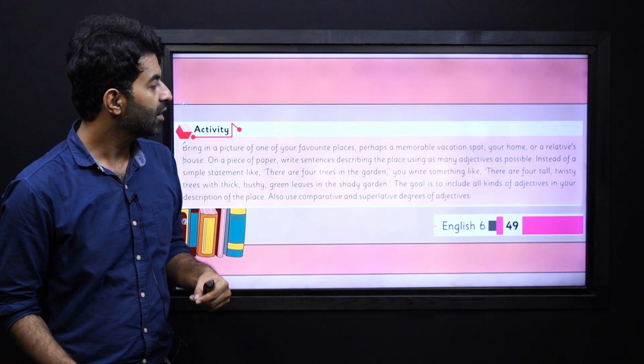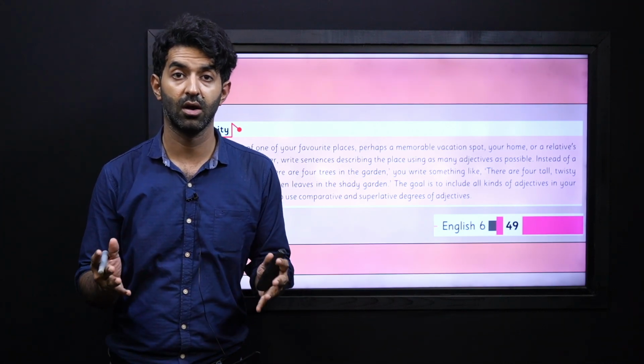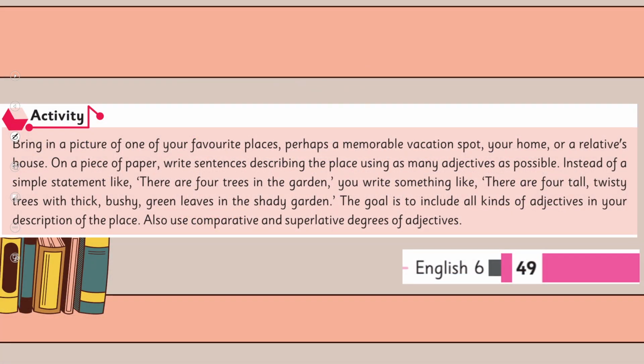Okay, now here is another very interesting activity. You can do it for your homework as well if you want. You have to bring in a picture of one of your favorite places, perhaps a memorable vacation spot and all that. Take a piece of paper, write sentences describing the place. It means we are going to use adjectives, using as many adjectives as possible.